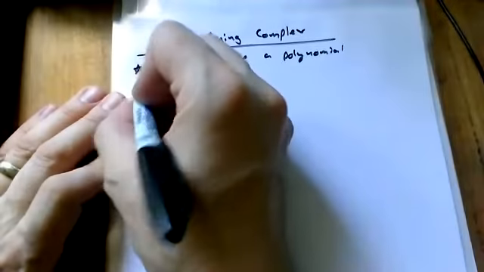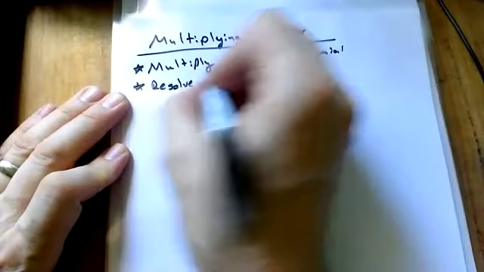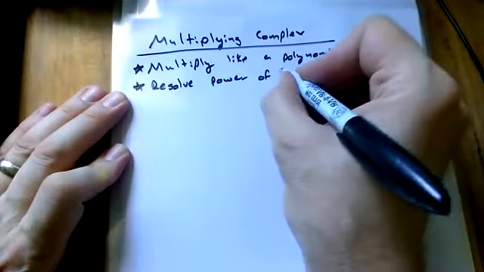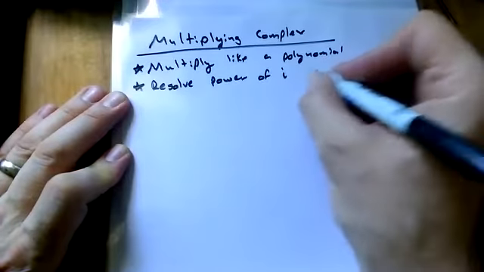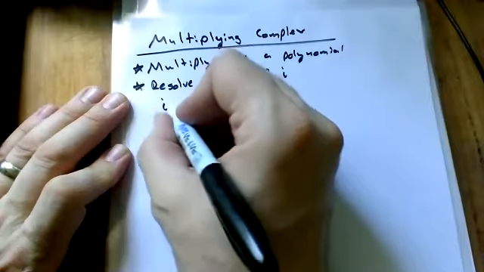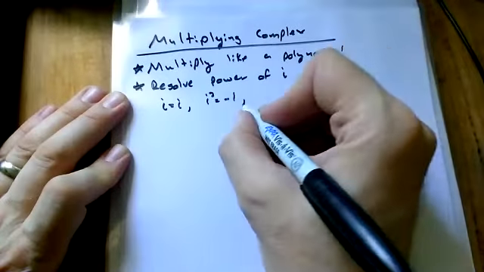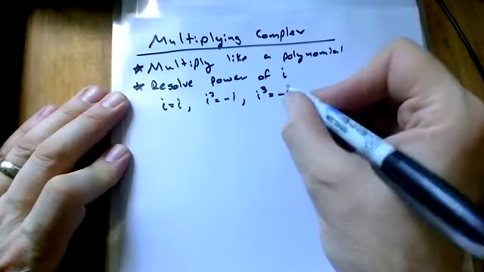And here's the other step that you're going to need to do. You're going to need to resolve your power of i. And for most of what we're going to deal with, it's just remembering again that i is i. i squared is negative 1. i cubed would be negative i.